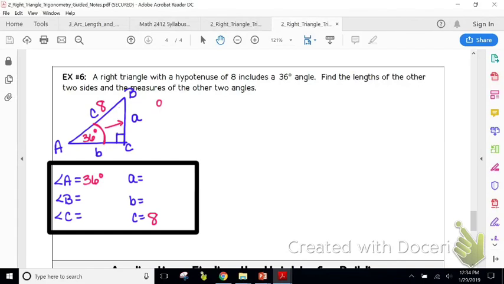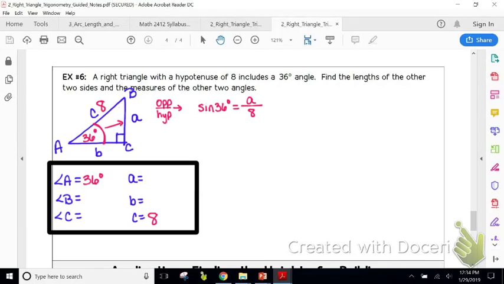So opposite and hypotenuse. What trig function is that? Sine. So sine of my angle is equal to opposite, which is side a, over the hypotenuse, which is 8. Can I solve for side a?